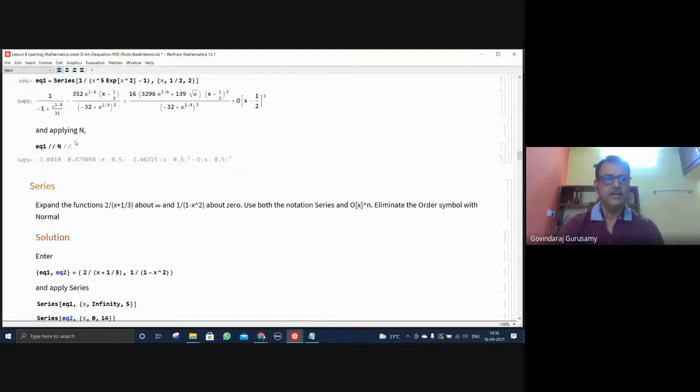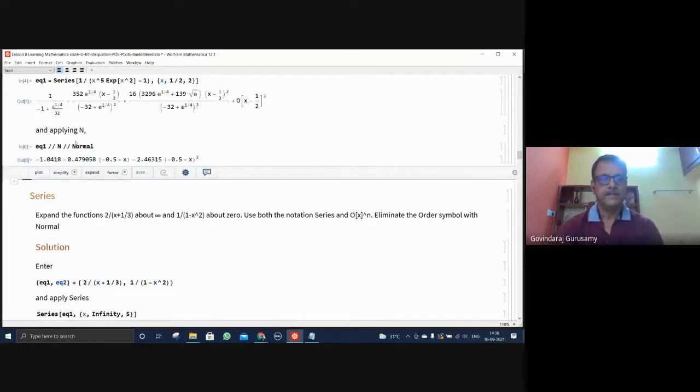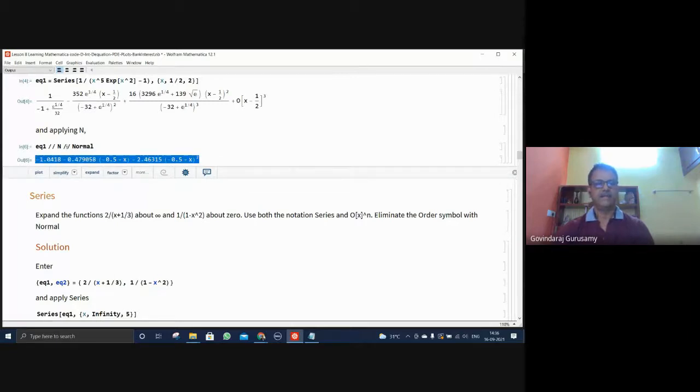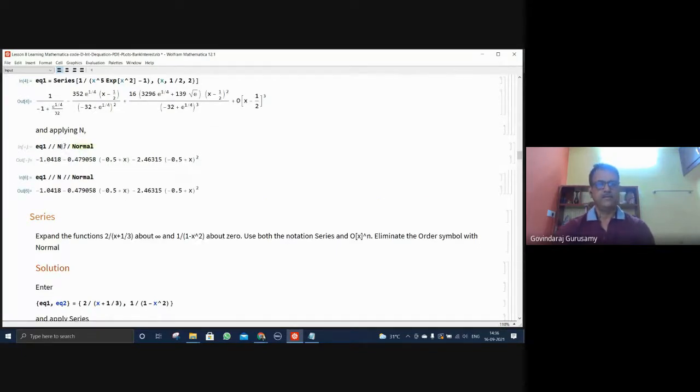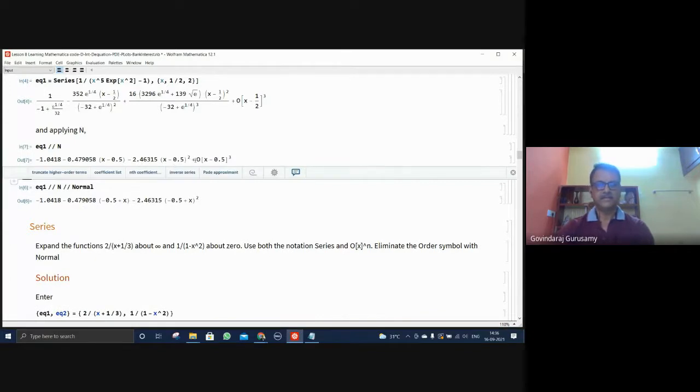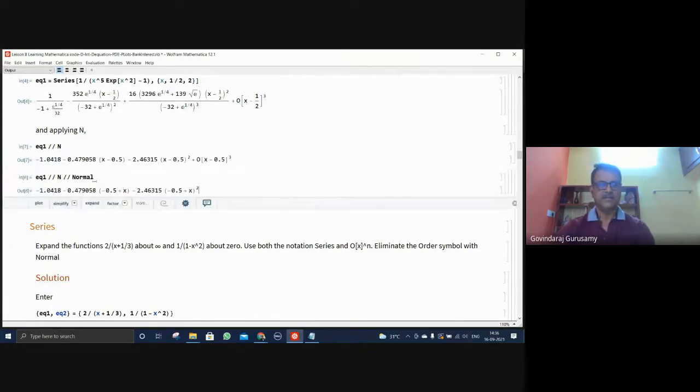Maybe that will show you without the error component. This is the normal form. You see the difference between this and this? Maybe you can copy and paste over here and remove Normal. See, this is the result; this form will disappear if you ask to put it in normal form.